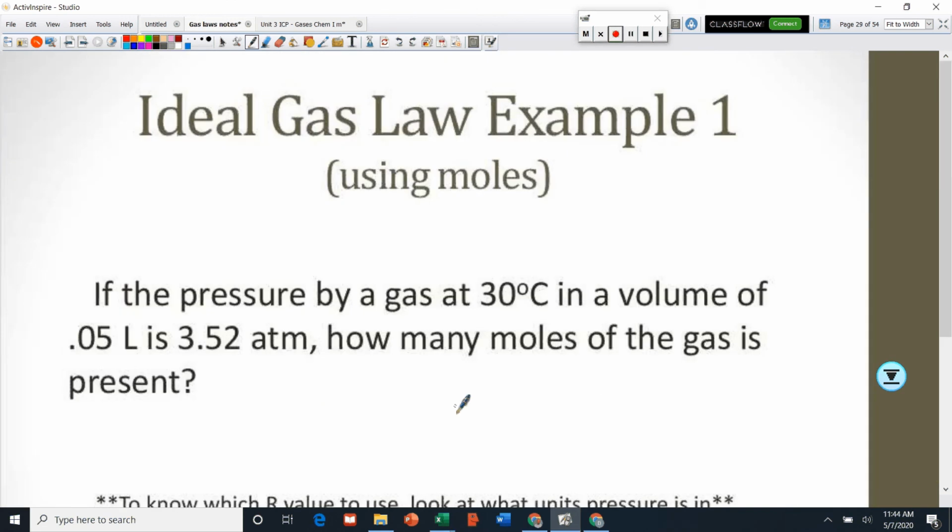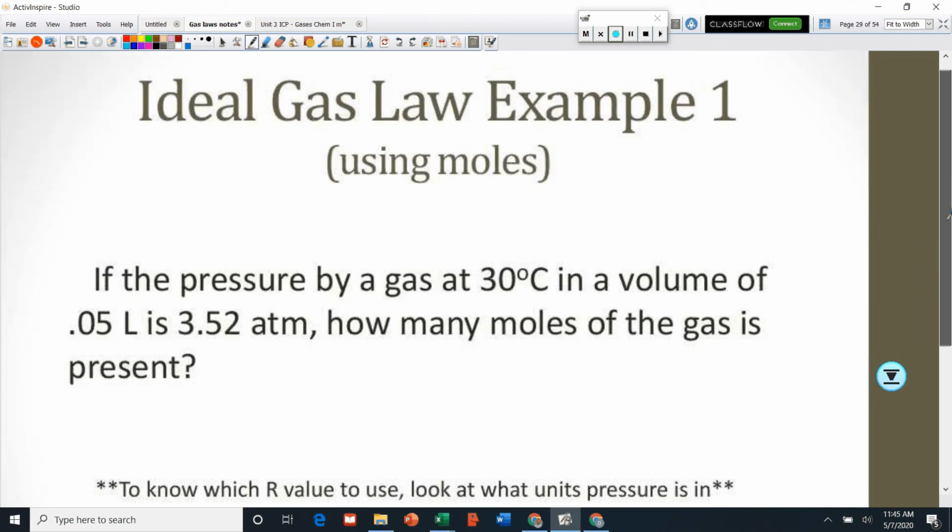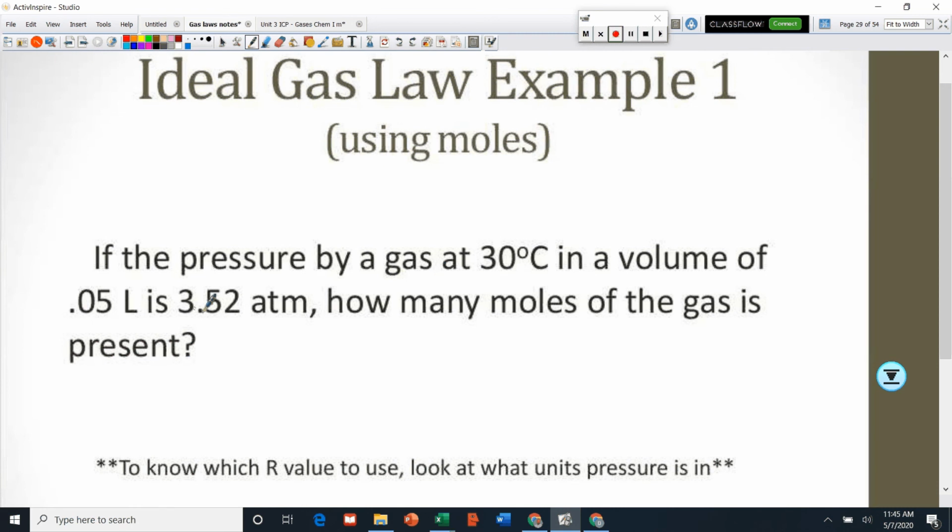So, an example of solving ideal gas law using this. All right. So looking at this, 30 degrees, remember we have to convert that to Kelvin. So I believe that is 303 Kelvin, 273 plus 30.